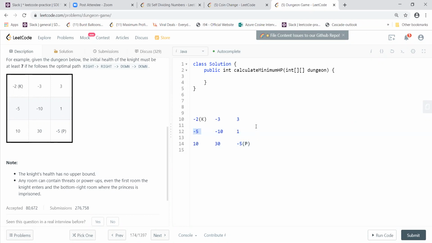Rightward, yeah, exactly. So what is the dimension of the matrix? It can be anything. It's 2D, because think about what your variables are here. So row and column. Yeah, that's true, but it can be of any value.